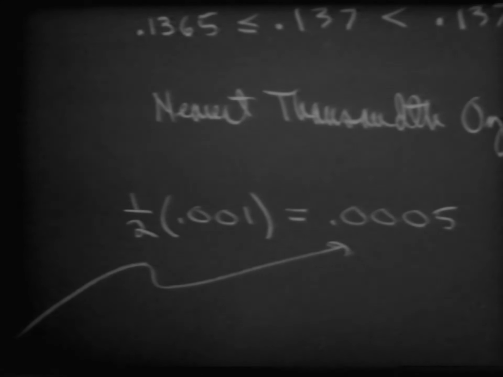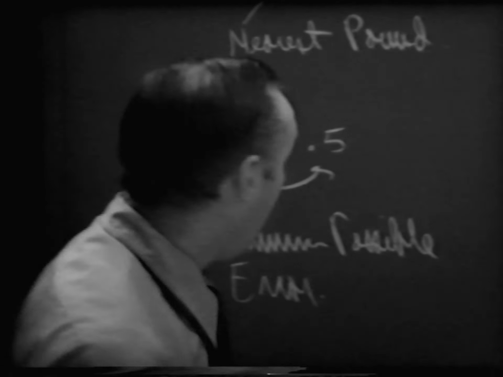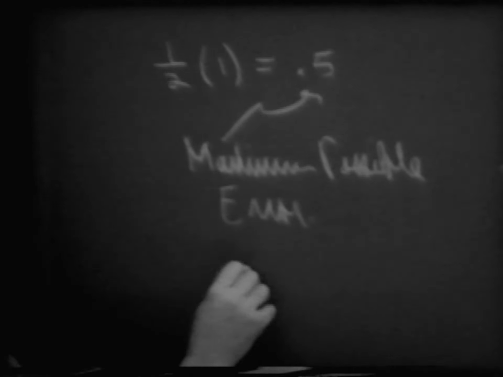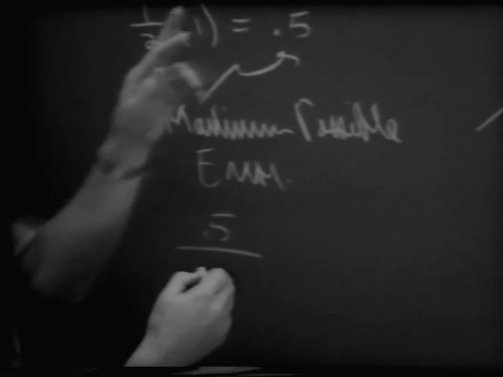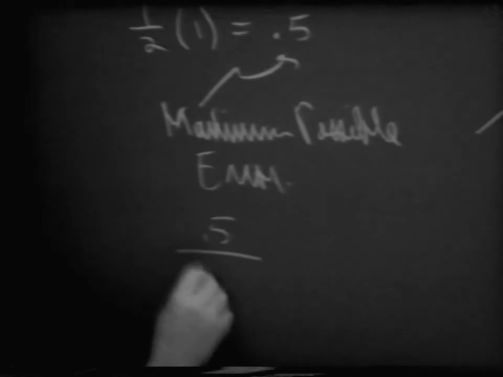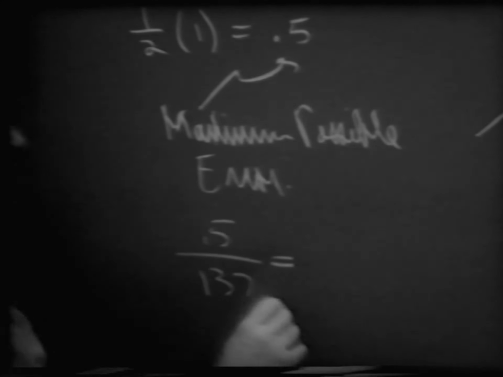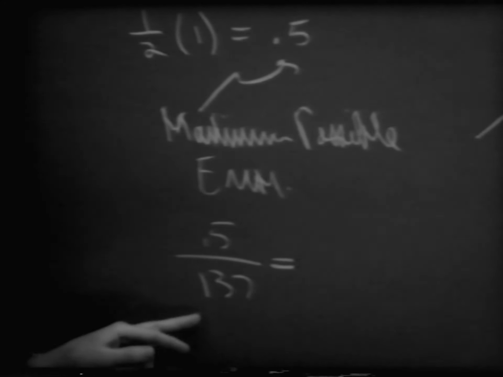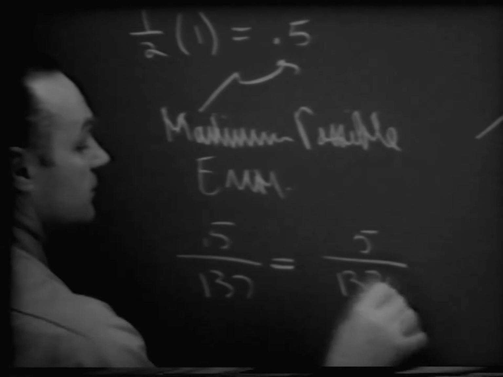Well, what we think of as the relative error, or the degree of accuracy, is the ratio of this number, in this case 0.5, to the actual measurement, which in our case of the weight is 137. Now let's see what this number is going to be. Let's multiply both numerator and denominator by 10, and that gives us 5 over 1370.